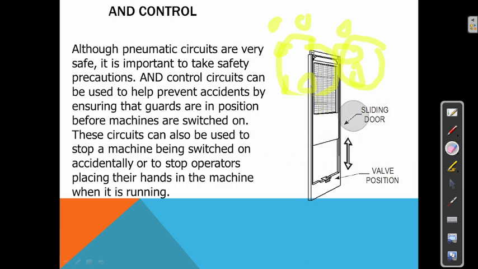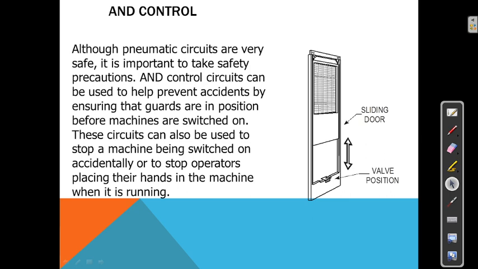That is the AND control. Why we are using the AND control here: as we know already, pneumatic circuits are very safe, but it is important to take safety precautions. So AND control circuits can be used to help prevent accidents by ensuring the guards are in position before machines are switched on.